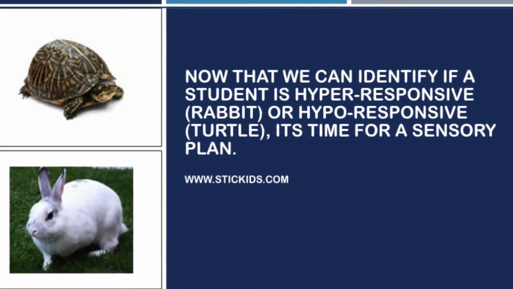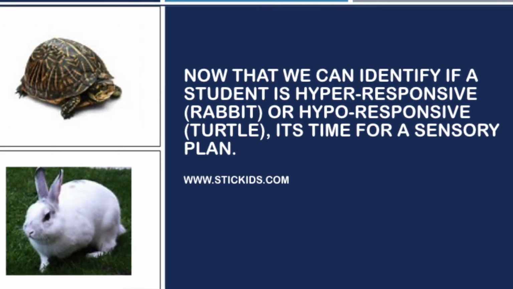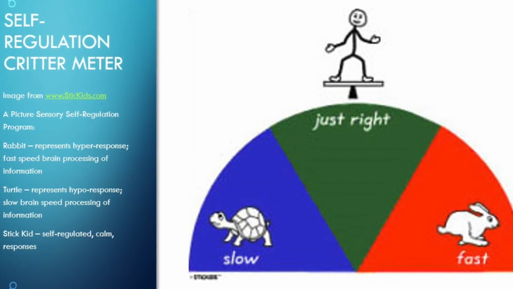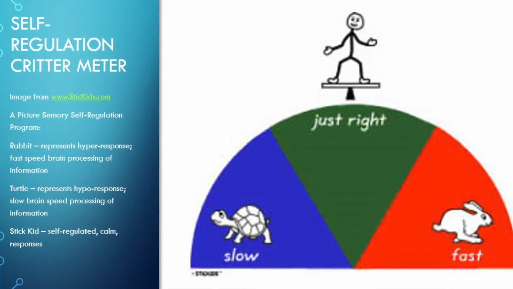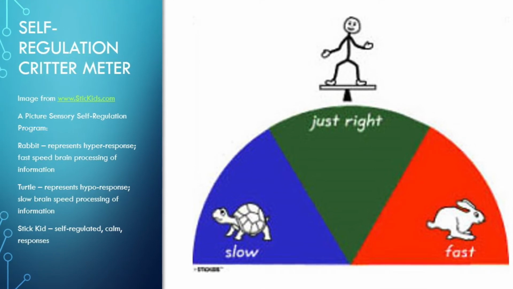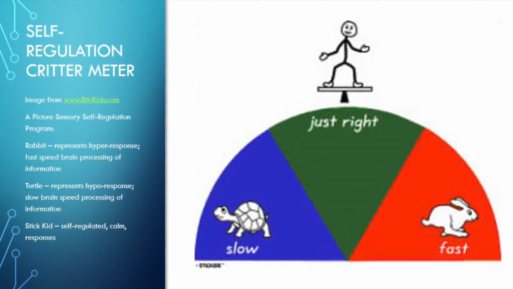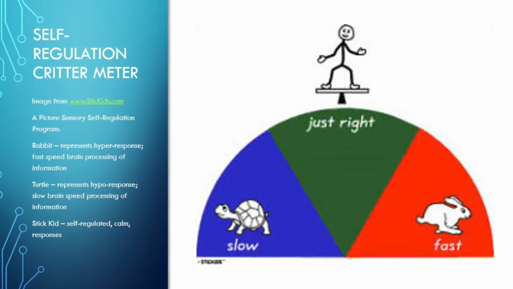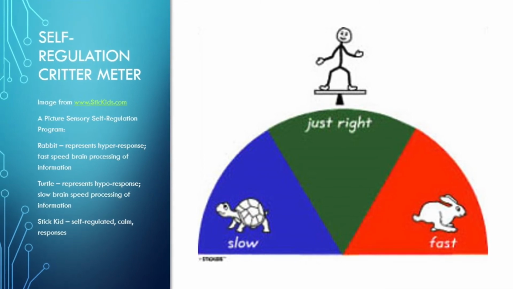There is a critter meter that is included in the plan that relates the rabbit to being the hyper-responsive student and a turtle that represents the hypo-responsive student. And in the middle, there is a stick figure that represents a self-regulated student. This is a very good picture sensory individualized program that can be used with sensory suggestions to meet individual students' needs for the classroom.